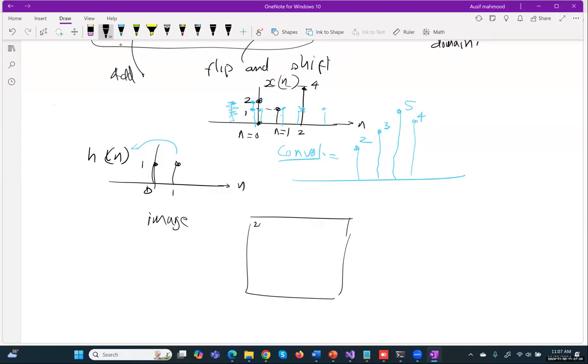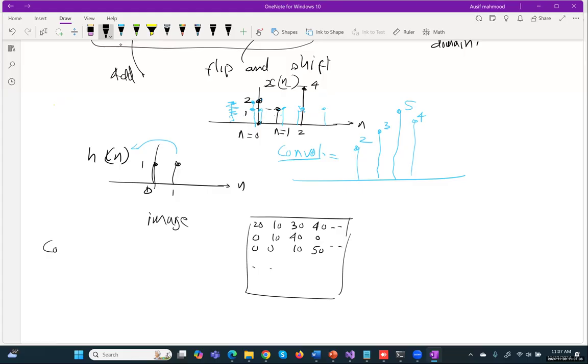Suppose the value of the pixel is 20, 10, 30, 0, 10, 40, 0, 0, 10, okay, then 40, 0, 50, and so on. Okay, so we are given some image with these pixel values, okay?